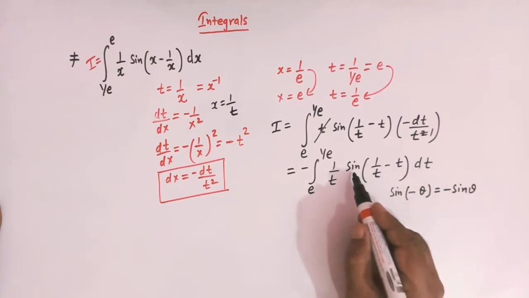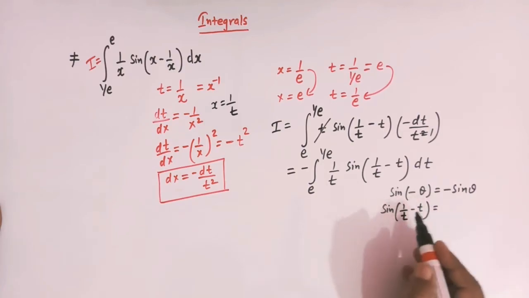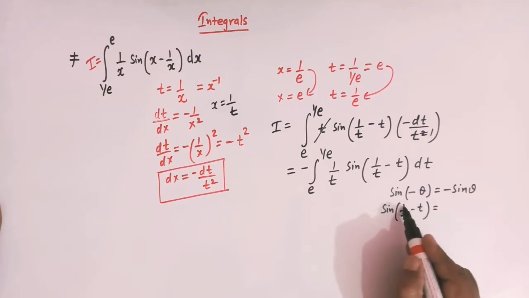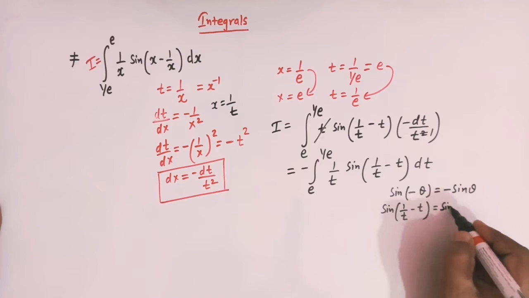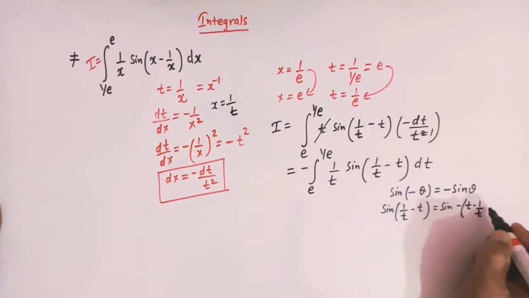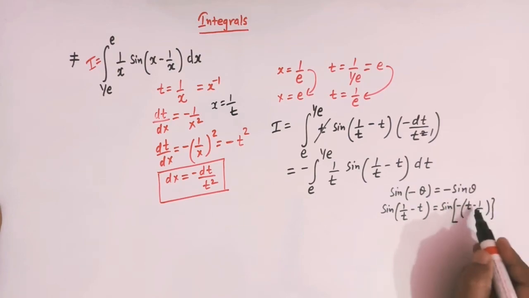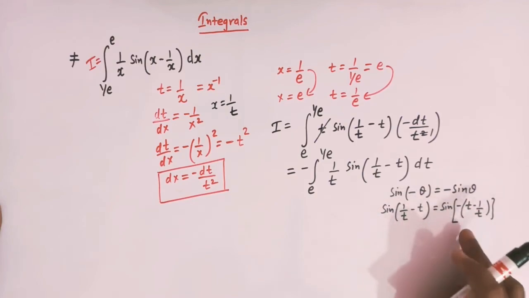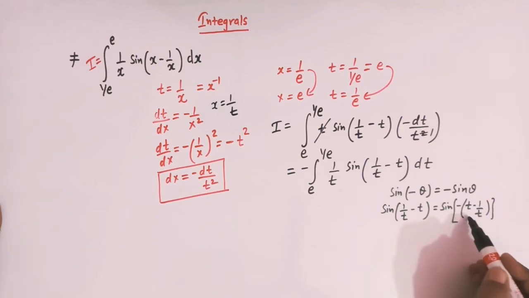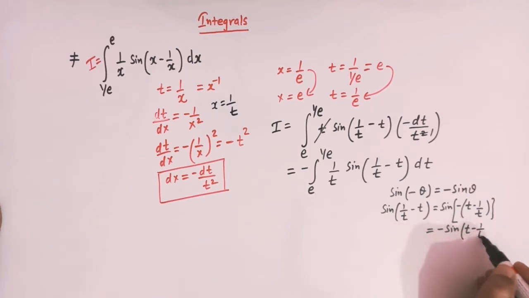We have sine (1 over t minus t), so let us take the negative sign common from 1 over t minus t. We get sine of minus (t minus 1 over t), and for theta we can assume t minus 1 over t. Applying this rule, we can take the negative sign outside, so we have minus sine (t minus 1 over t).